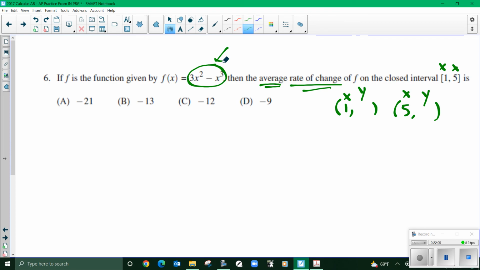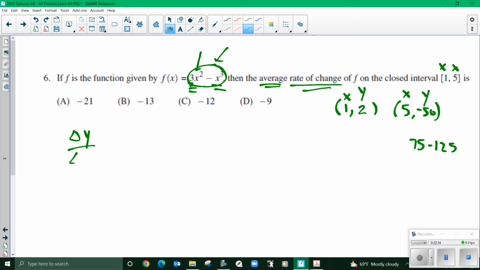If I plug a 1 into here, I get 3 minus 1, which would be 2. If I throw a 5 into here, I get 5 squared is 25, times 3, that's 75, minus 5 cubed, which is 125. So I get -50. All right, let's do this.